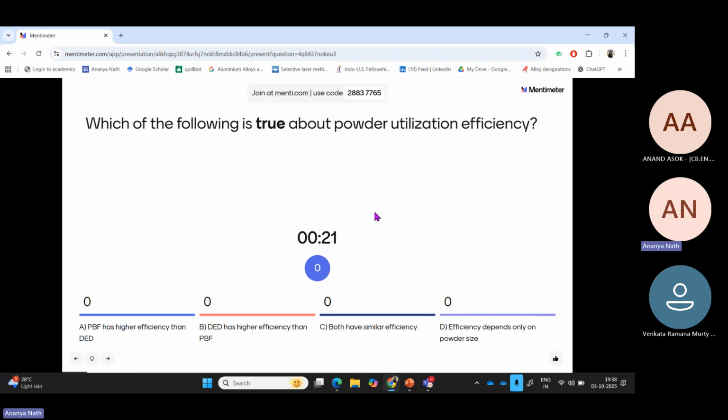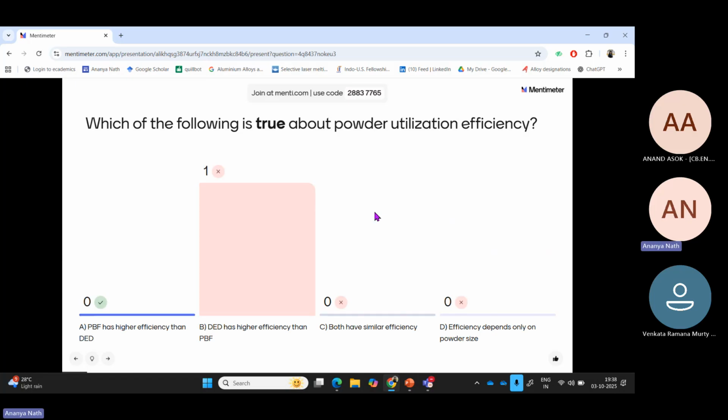Which of the following is true about powder utilization? DED has a higher efficiency?